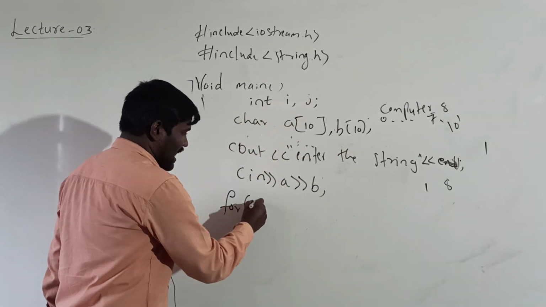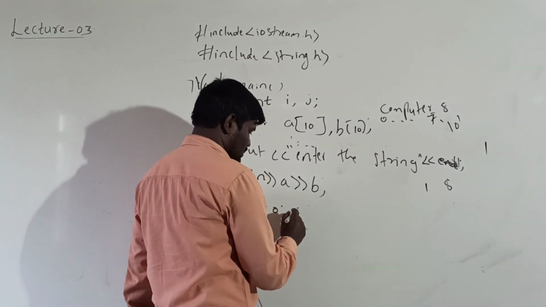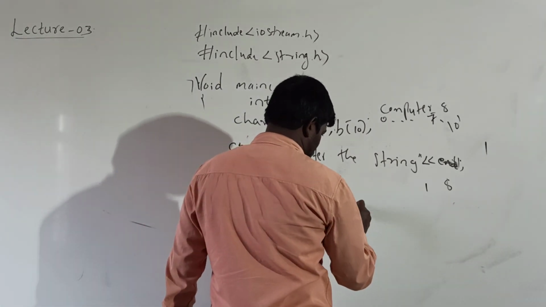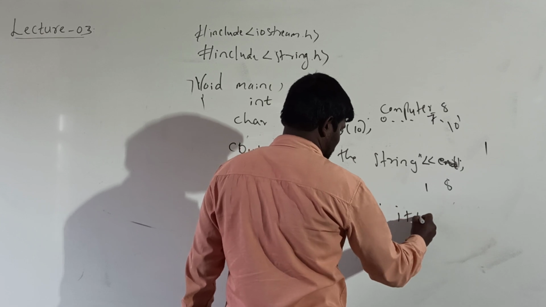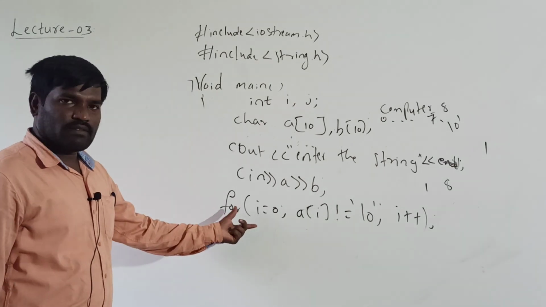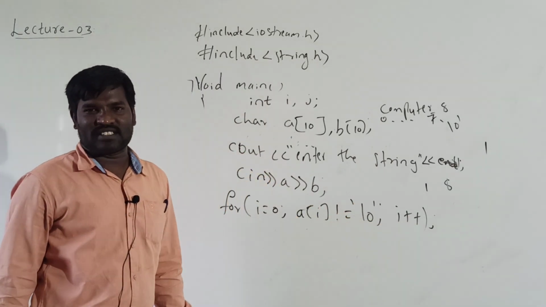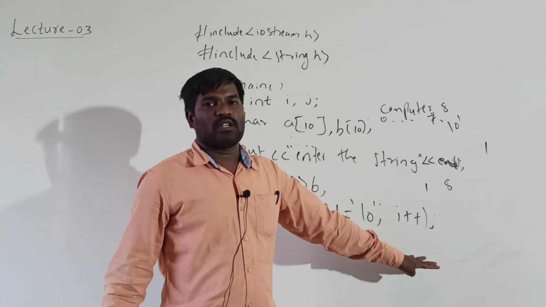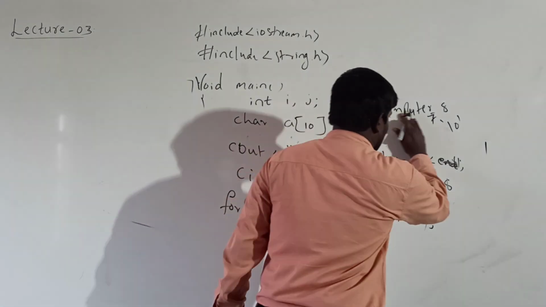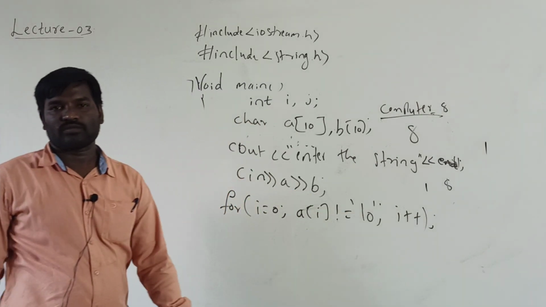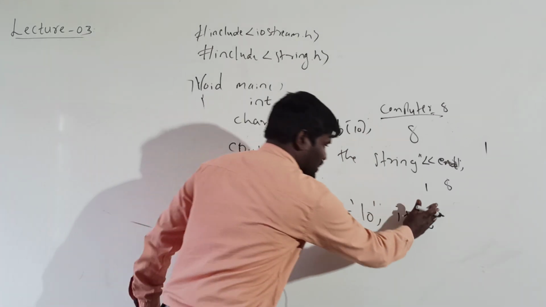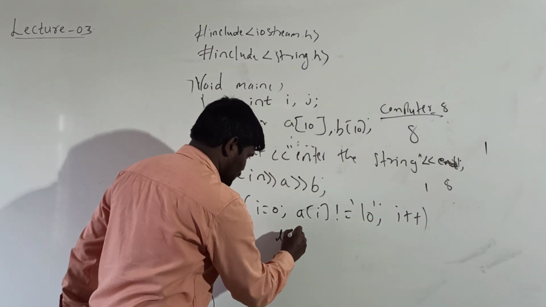For i = 0, a[i] is not equal to the null character, i++. Here, in the for loop I have to put a semicolon. It means that it will continuously execute until the condition becomes false. Finally i becomes 8, if it is computer. Otherwise, if you get confused, you can write l++.